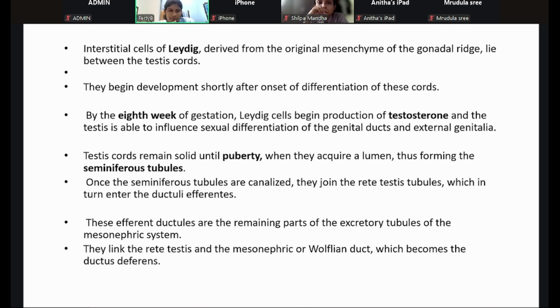So this testis will remain a solid structure till puberty, and after puberty it will form the proper seminiferous tubules. Once the seminiferous tubules are formed, they connect with the rete testis, which in turn connects with the ductus efferentes and forms the proper male duct.